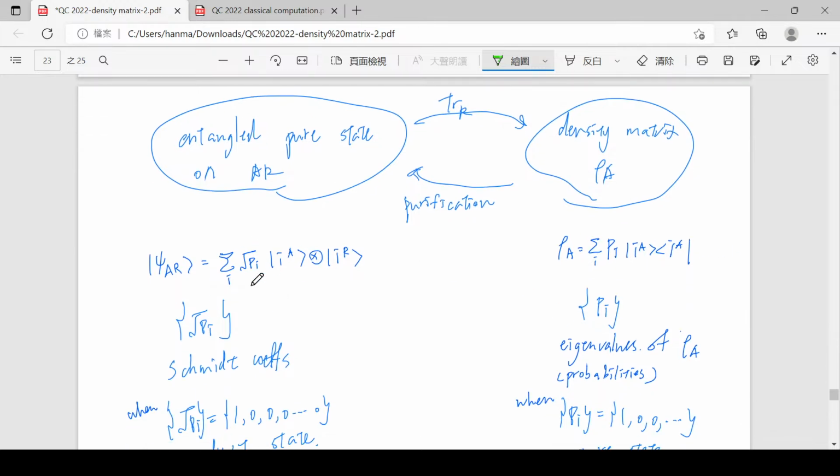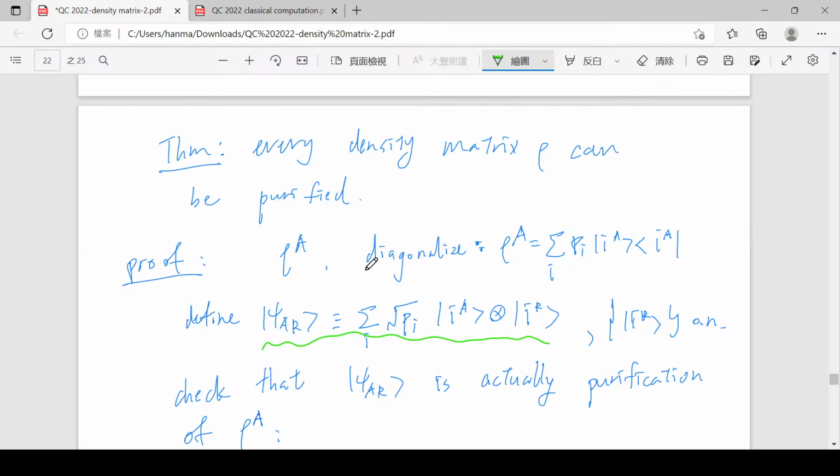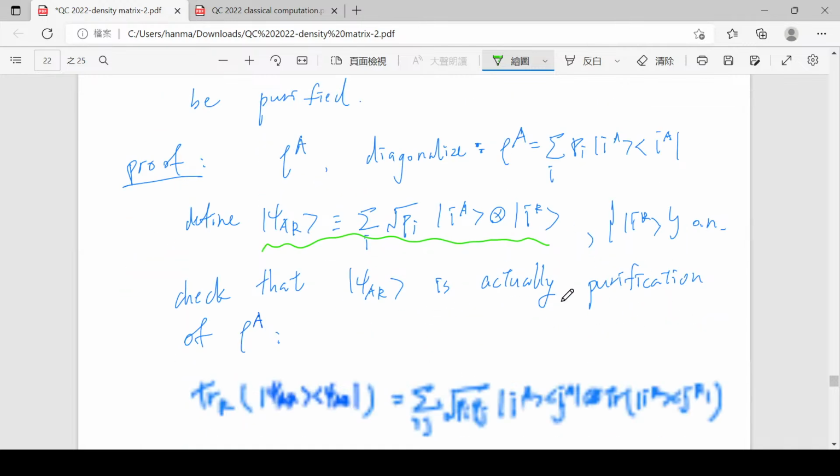And there is a correspondence between the square root pi here and those pi here, because the square root pi is really the square root of those pi, as you see from the proof of purification.